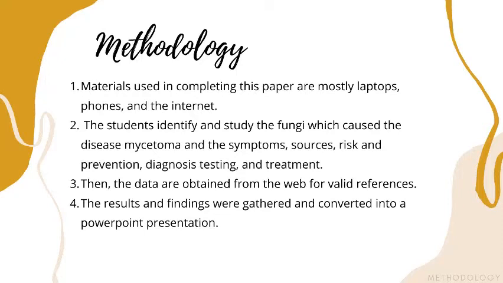Furthermore, the students extensively studied the symptoms, sources, risk and prevention, diagnosis testing, and treatment. The students mostly obtained the data needed through searching the web for valid references. Lastly, the results and findings were gathered and converted into a PowerPoint presentation.